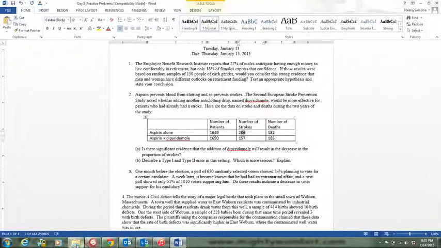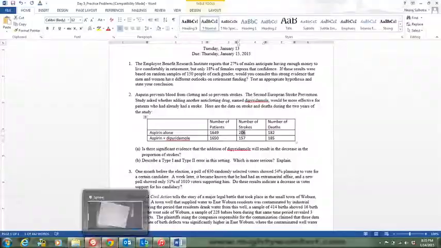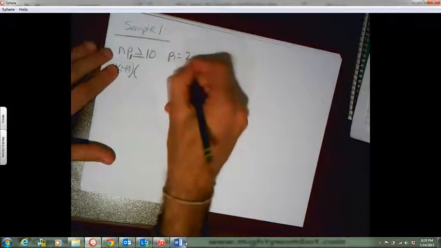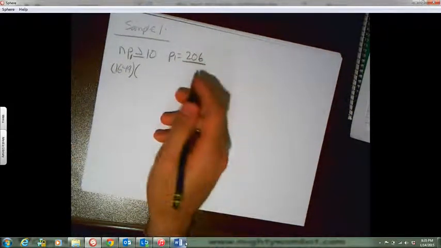So this is really P1. P1 is 206, the number of successes, where success in quotes means getting a stroke, divided by 1649.